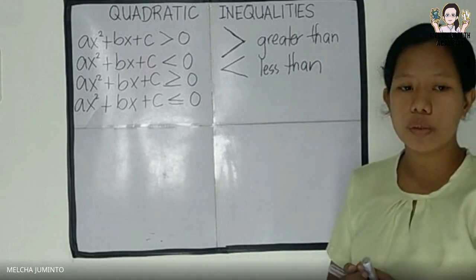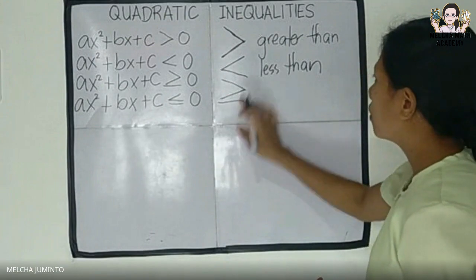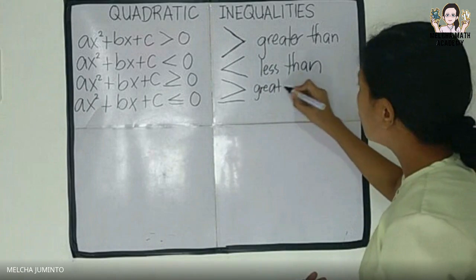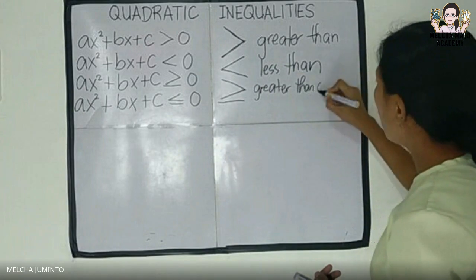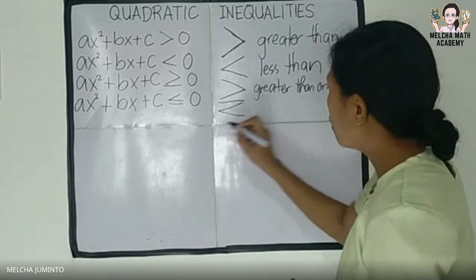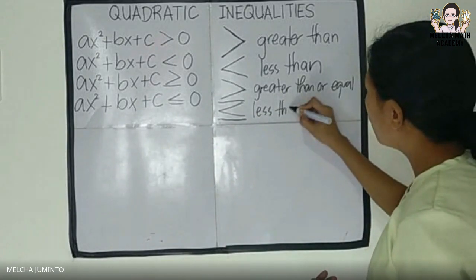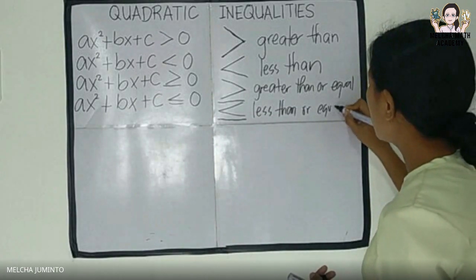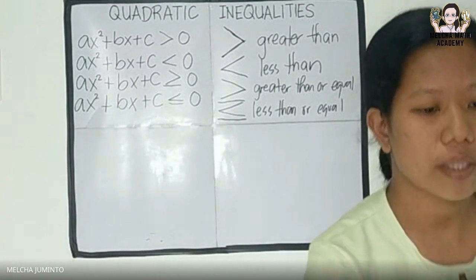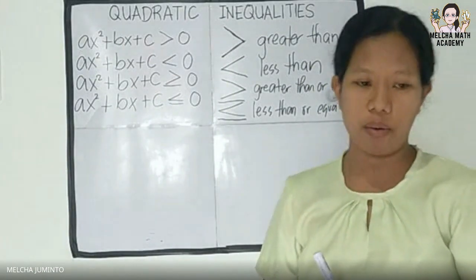Aside from these two, if we put a bar below the greater than symbol, we call this greater than or equal. And finally, if the less than has a bar below, it is called less than or equal. Those are the four important symbols that we use in quadratic inequality.